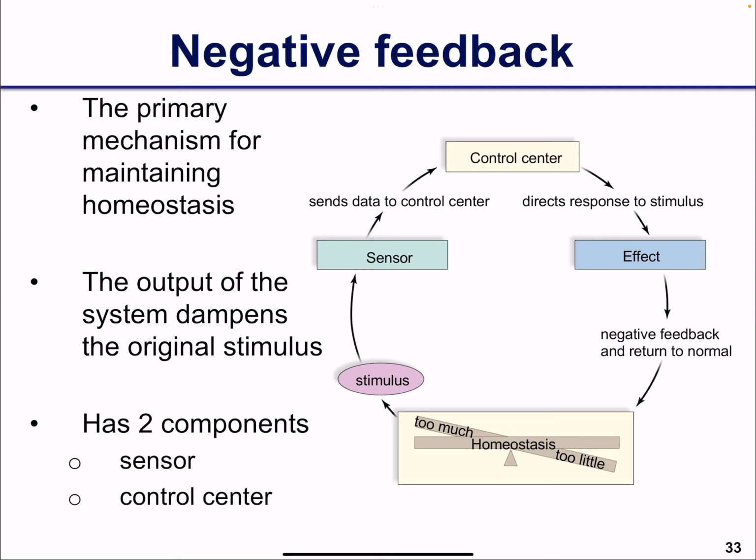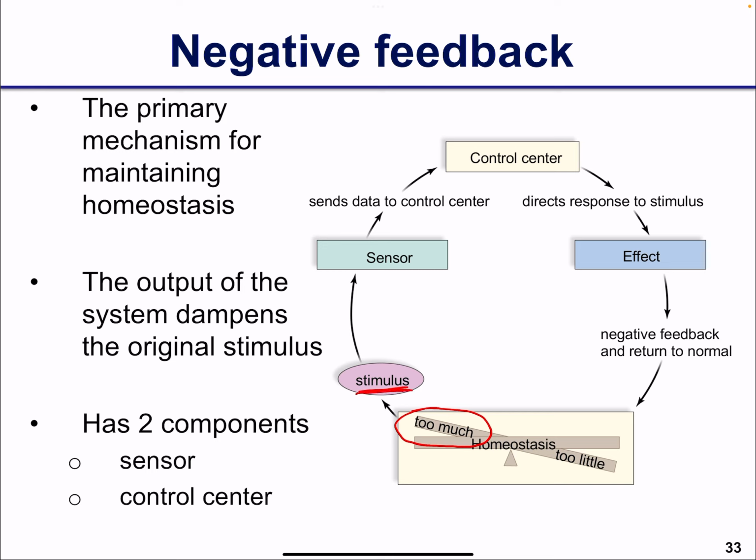So typically, to maintain homeostasis, say you have too much of something, maybe a high temperature, maybe a high pH.